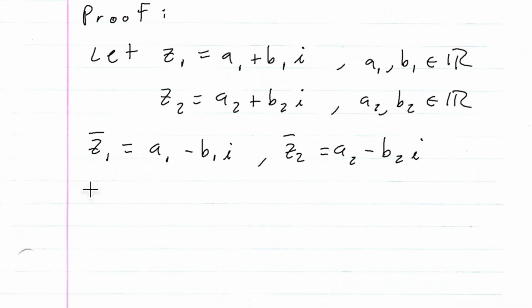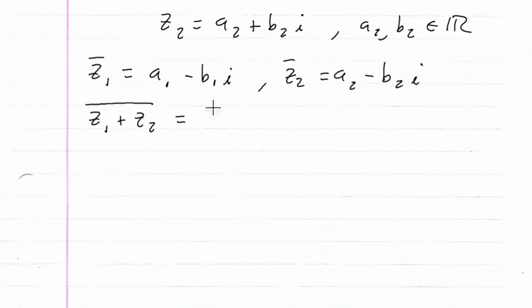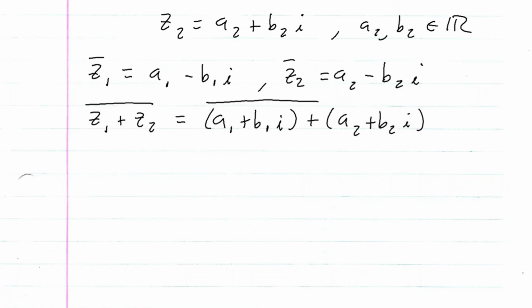Okay, so now let's observe what the conjugate of z1 plus z2 is going to be, right? This is going to be equal to the conjugate of z1, which is a1 plus b1i, plus a2 plus b2i. And this is equal to, so we can put all the real stuff together and all the imaginary stuff together.